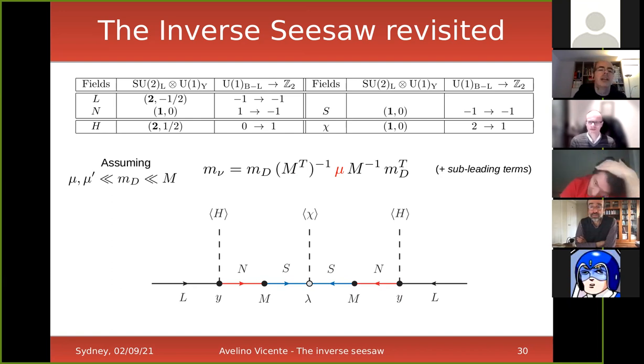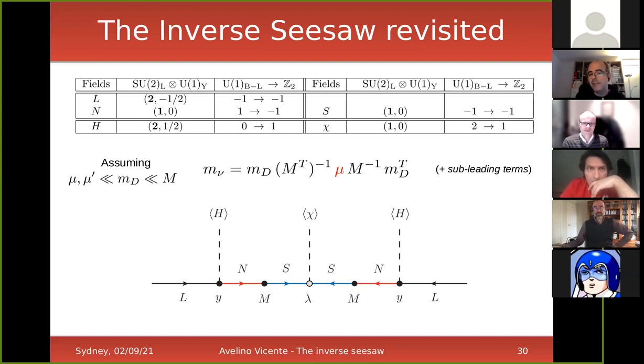Yes. Also, let me point out that I was concentrating here on the most ambitious scenario in which mu is very, very small, of the order of a few electron volts or kilo electron volt at most. But if you increase mu a little bit, maybe to mega electron volt, then of course you have to reduce the Yukawa couplings. You lose all the other signatures, because lepton violation and G-2 go down.